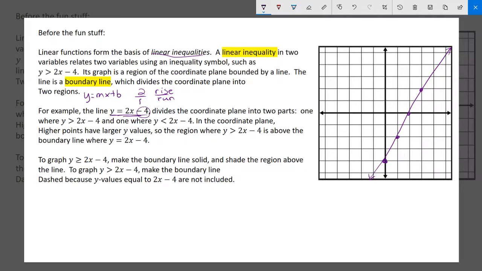All right, so you can see that this line divided the coordinate plane into two regions. It has an upper region and a lower region.